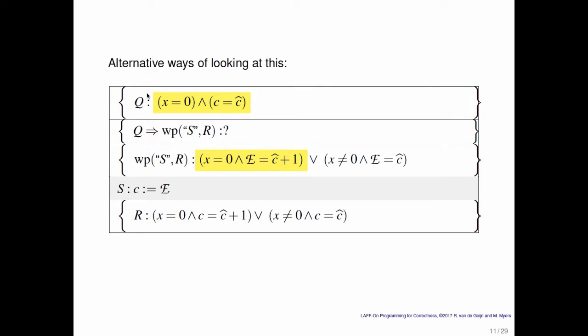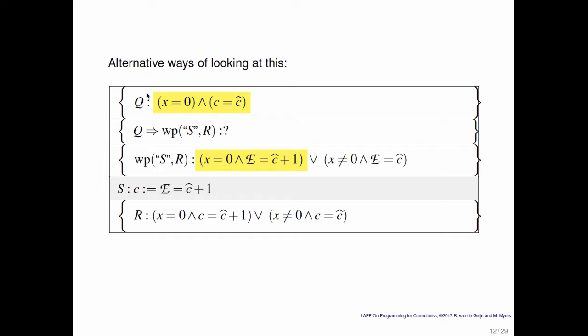The way Maggie prefers to do it is as follows. We know that it's that left part of the weakest precondition that is going to guide us. In that left part, the expression must be equal to c hat plus 1. So why not just pick the expression to be c hat plus 1? Well, the problem with that is that c hat is really a variable that was introduced to capture the original value of c, so that we can also use that original value in the postcondition, and therefore we can't compute with it.